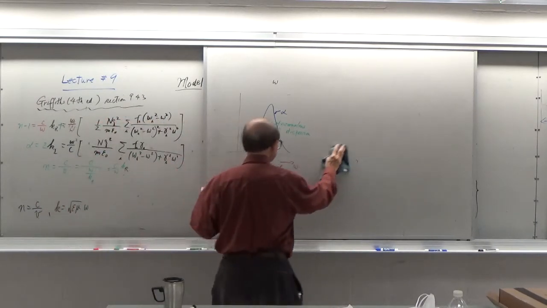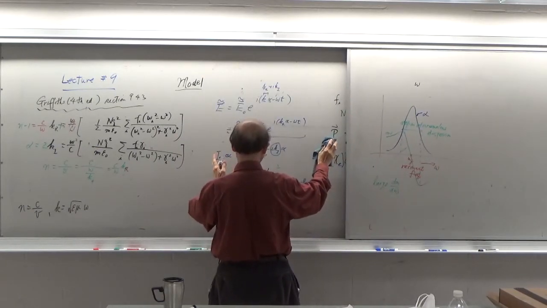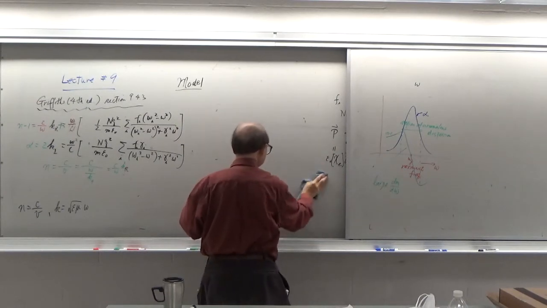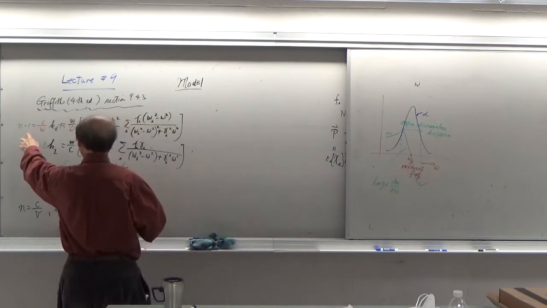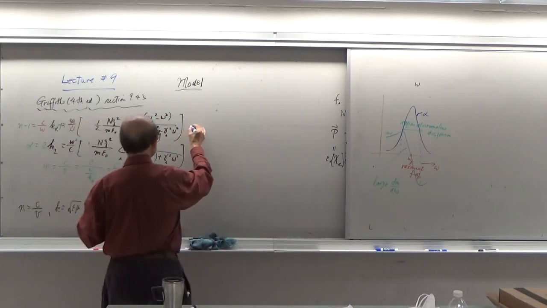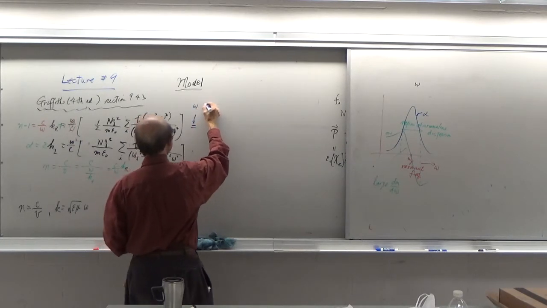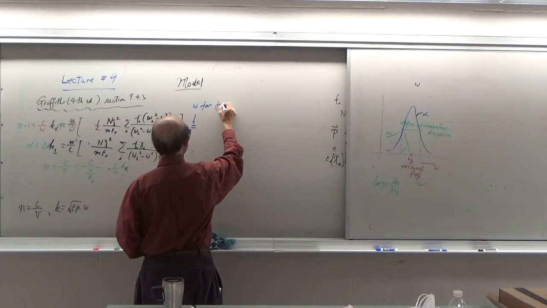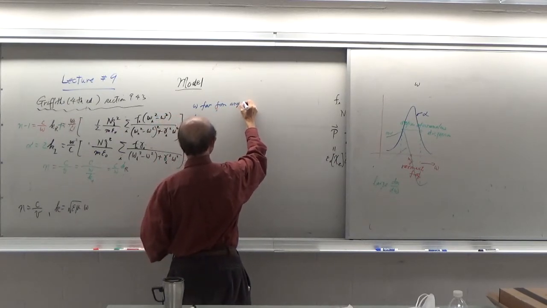So let's write down, can you erase this now? Let's write down n minus 1 for omega far from any of the resonances.